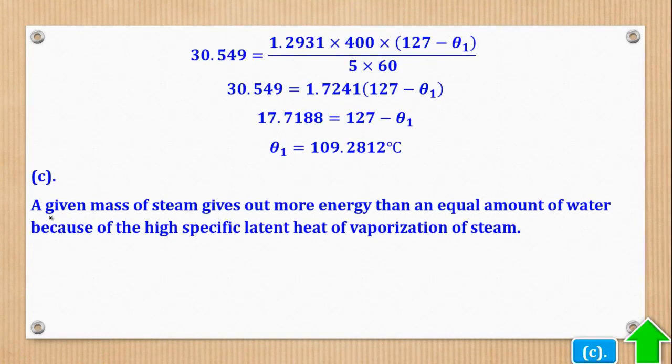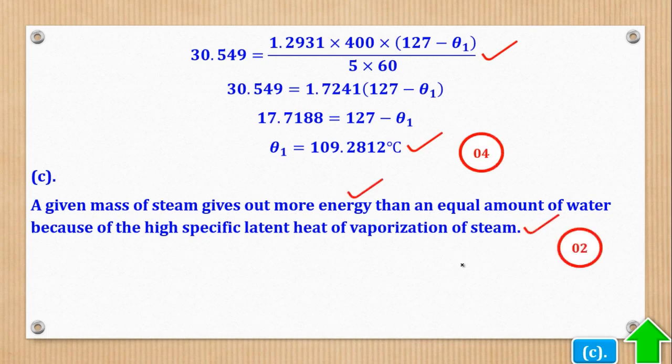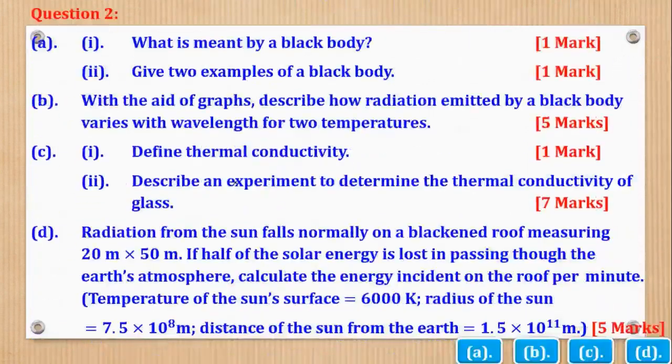So here we shall come and say that a given mass of steam gives out more energy than an equal amount of water, and this is because of the high specific latent heat of vaporization of steam. So that is how the marks would be awarded. So now we shall go to question 2.